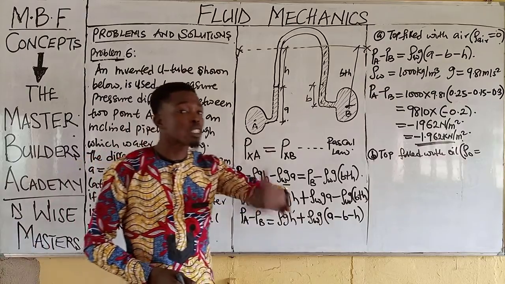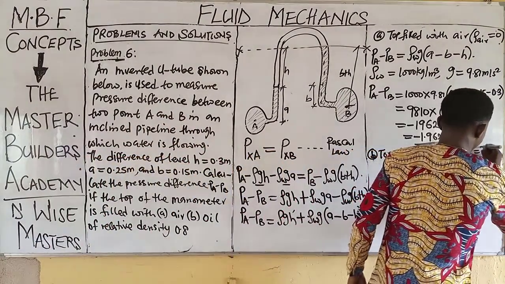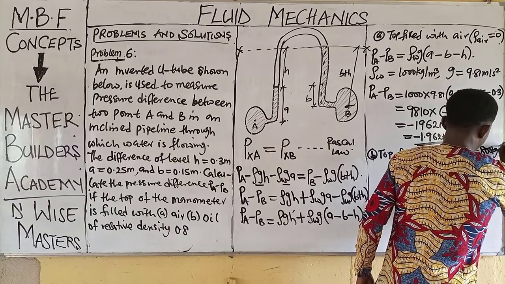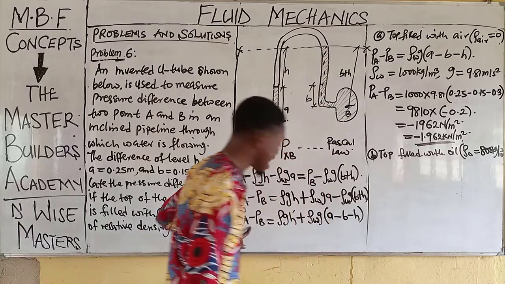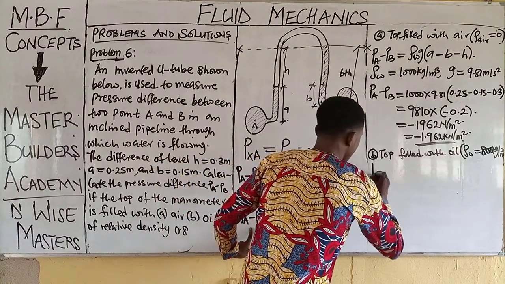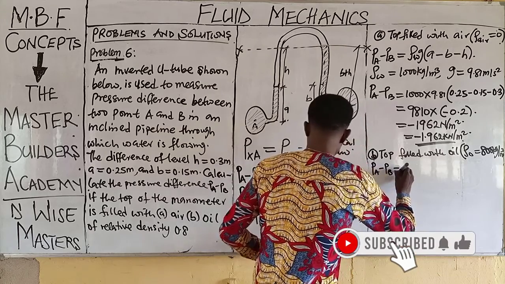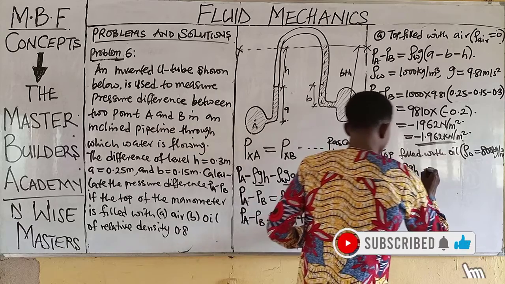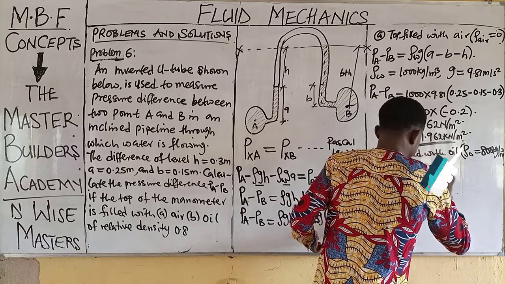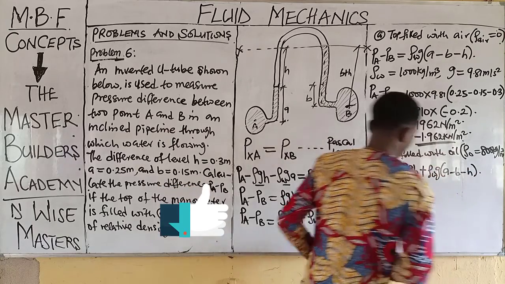And 0.8 multiplied by 1000 would have given us 800. Therefore, we have this as 800 kilogram per meter cube. This is the density of the oil. Now, this general equation would have become PA minus PB is equal to the density of oil G H plus the density of water G into A minus B minus H.